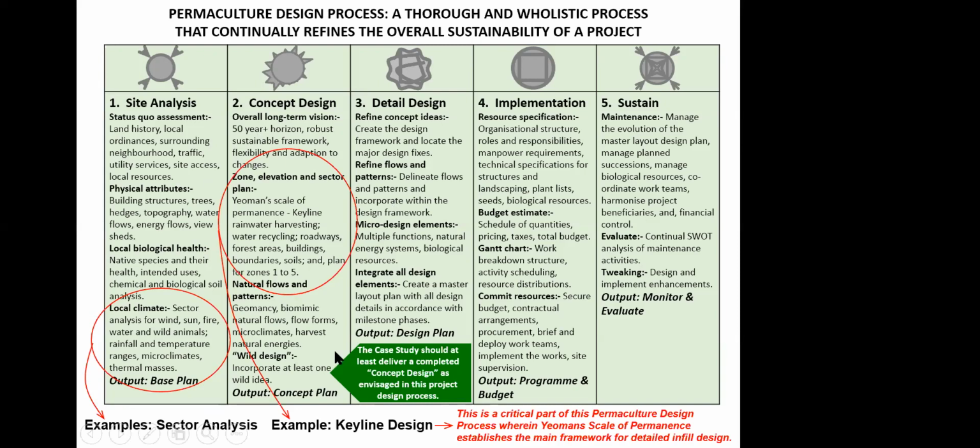And what that yields is a concept plan. That's all you need to do. The next level is where you start refining that plan. You start looking at your framework, and you go out on site, you mark it out, you adjust it, and you start deepening the design with all sorts of microclimate designs and so forth.